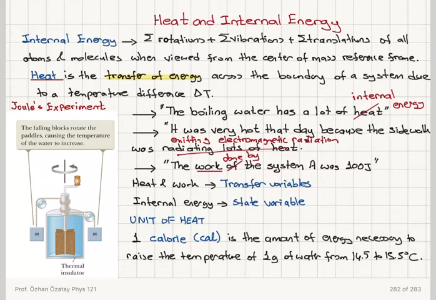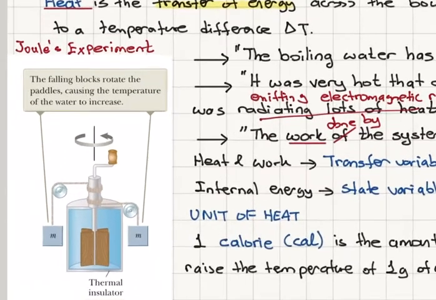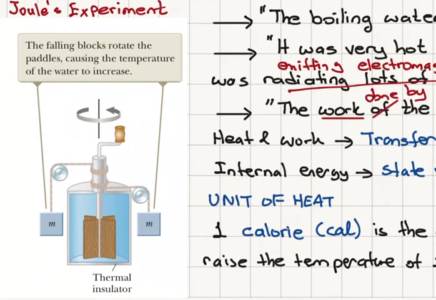Now, as you have seen here, heat and work are both transfer variables, so they're both describing the transfer of energy into and out of a system. And Joule has shown that there is a mechanical equivalent of heat. So here is Joule's experiment. We have a paddle that turns as these two blocks fall down, and as the paddle turns, because there will be friction between the paddles and the water, the temperature of the water rises.